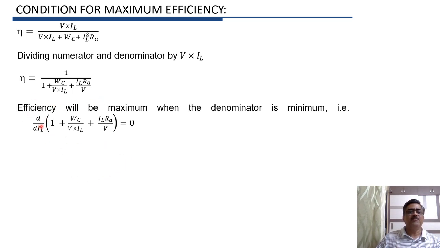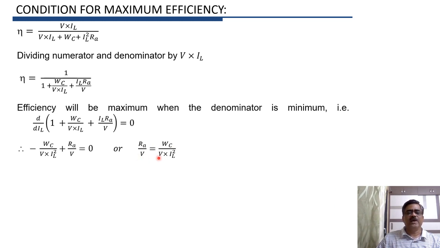And therefore d by dIL of 1 plus Wc upon VIL plus IL Ra upon V is equal to 0. So solving this, we will get the derivative of this as minus Wc upon V IL square, and the derivative of this as Ra upon V, and it is equated to 0. And therefore Ra upon V is equal to Wc upon V into IL square.